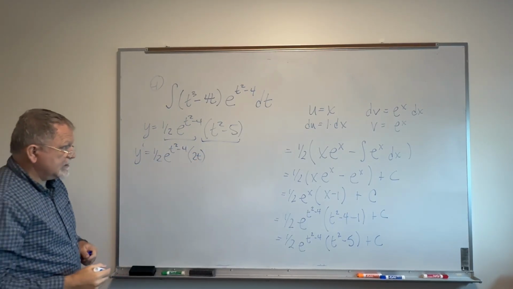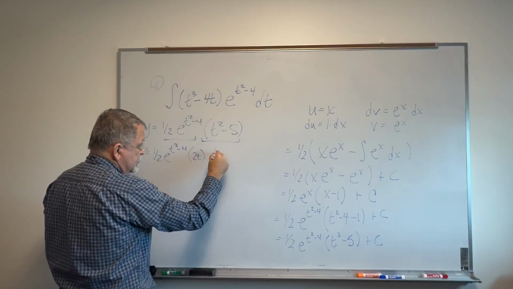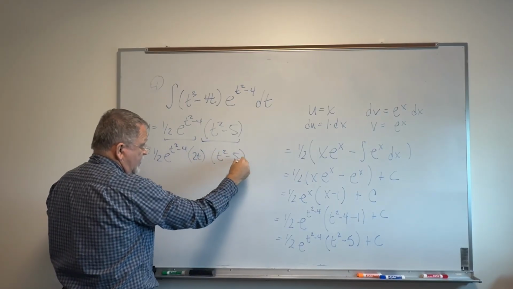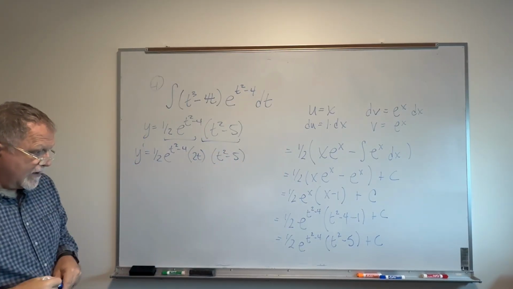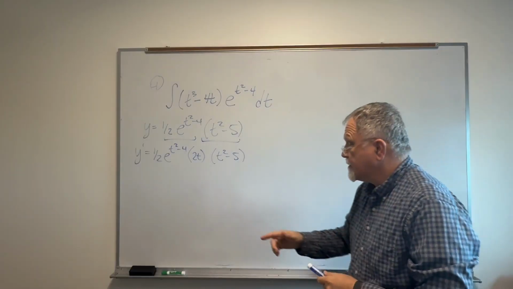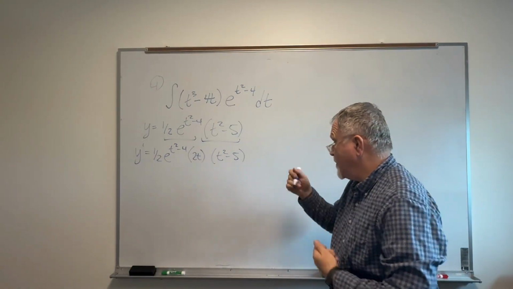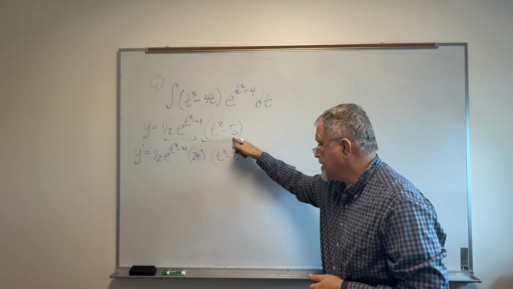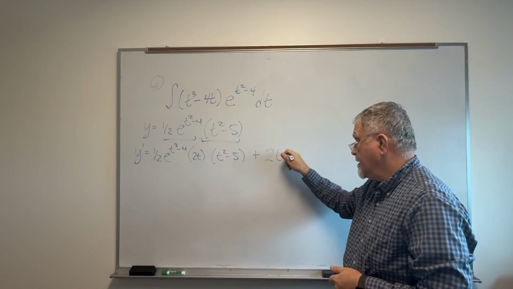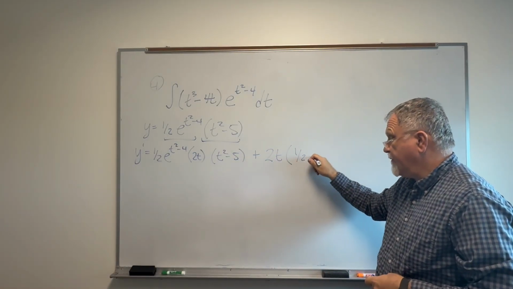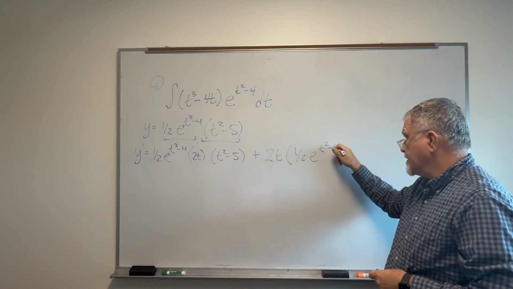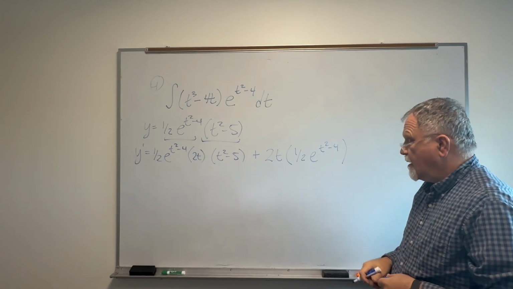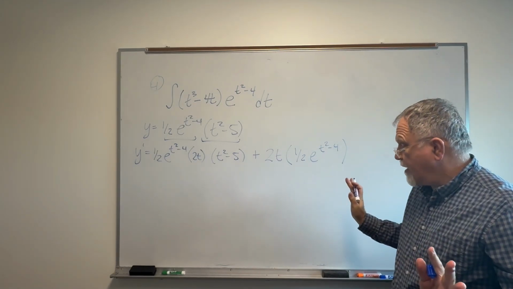So the derivative of the first times the second, which is just t squared minus 5. And I'm going to have to make myself some space. So that was the derivative of the first times the second, plus the derivative of the second, which is just 2t, times the first, 1/2 e to the t squared minus 4. And so there it is, product rule.